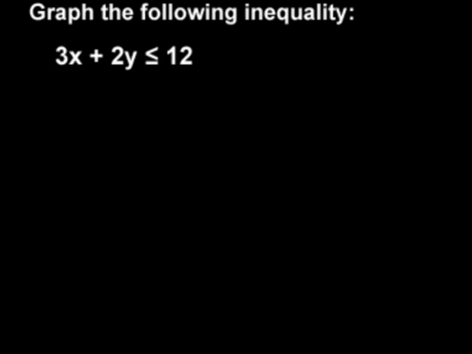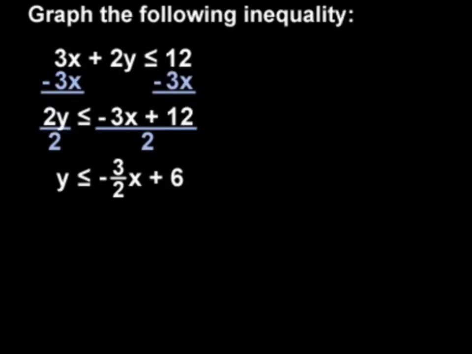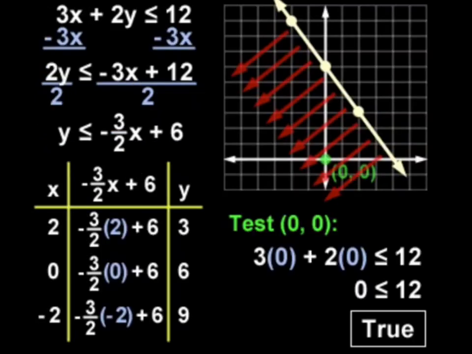So solve. If you're not sure how to do it, solve for y. So to solve for y, we do this. And now graph your point and test the point, and it is y is less than or equal to.